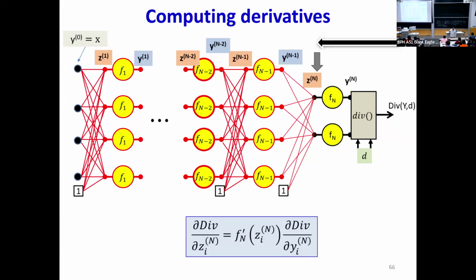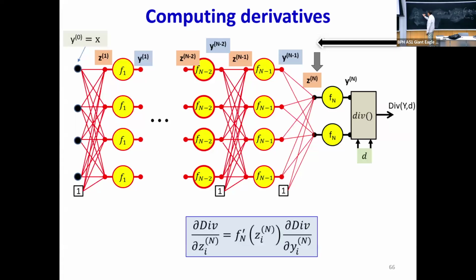The next thing, I must go back. And so using the same rule, I want the derivative of the divergence with respect to the weights for the output layer. So I just write d with respect to wij. I'm not writing the superscript, I'm too lazy.